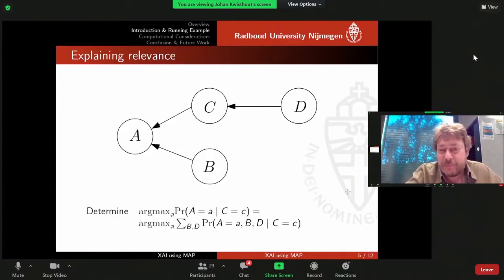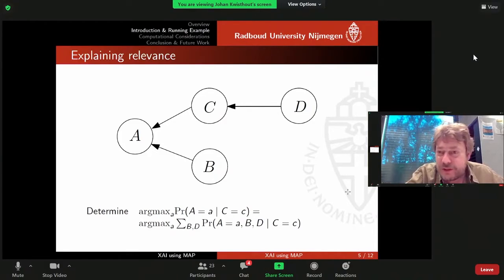So to flesh it out a bit more in an abstract example, let's say we have this particular small Bayesian network, and I omitted the probability tables here, just focusing on the graphical structure. Let's say that we were interested in deciding upon the best explanation of evidence C, and we're interested in the explanation for variable A. In order to compute that, we need to marginalize out the intermediate variables, and that is D and B in this case.